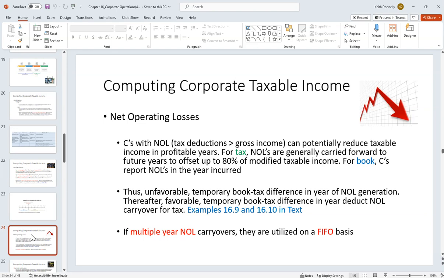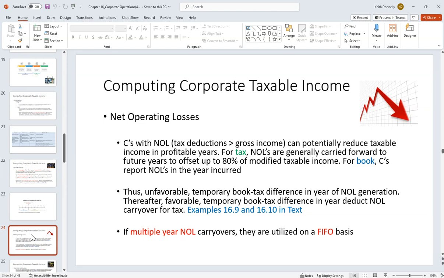Well, generally for books, you're going to report an NOL when it happens. However, for tax, we have a wide variety of complicated rules here. To make a long story short, it depends what year the NOL arose because there are different rules. What I care about is that you know the current rule, and that says if you have an NOL right now, for tax, you carry it forward to the future.